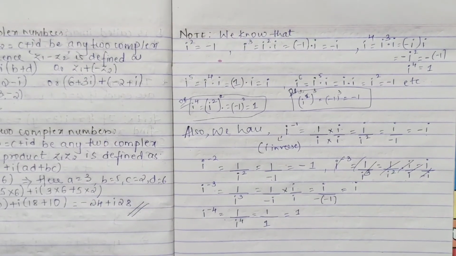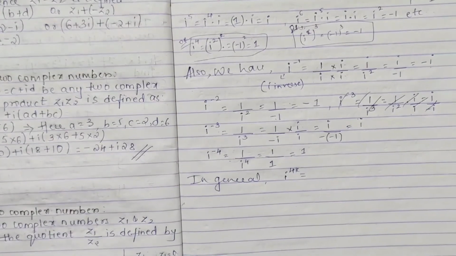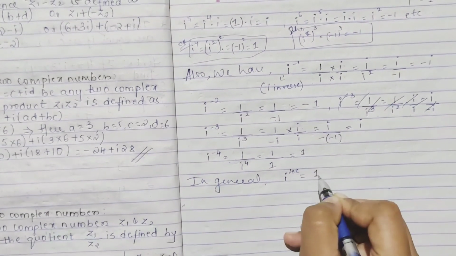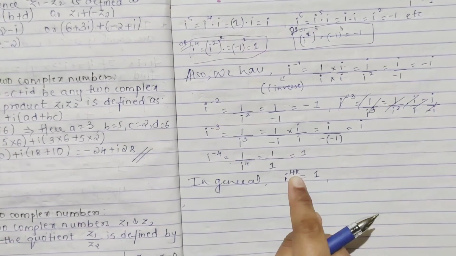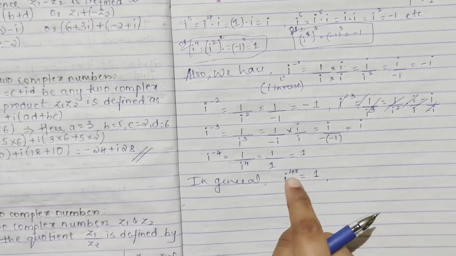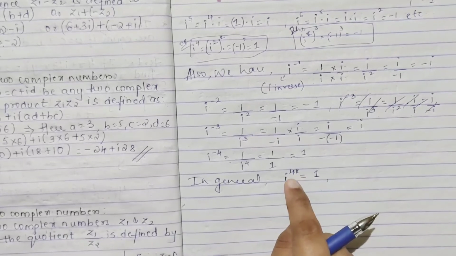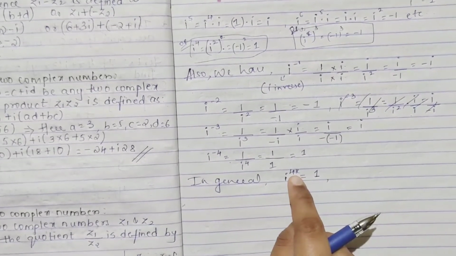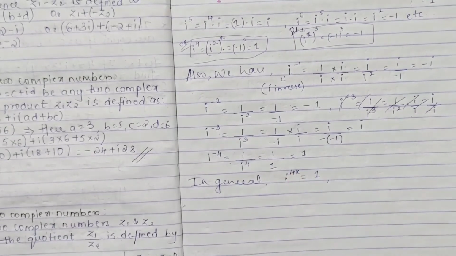In general, i raised to 4k is always 1. If k is 1, that is 4, i raised to 4 is 1. If k is 2, that is 8, so i raised to 8 is 1. If k is 3, 4 times 3 is 12, so i raised to 12 is 1, always like this.